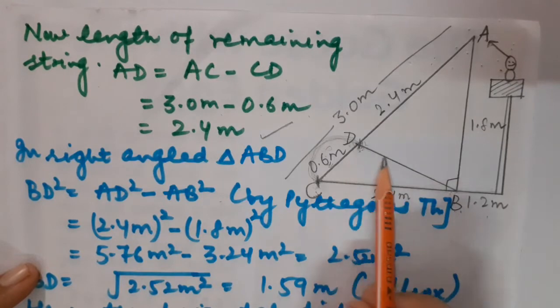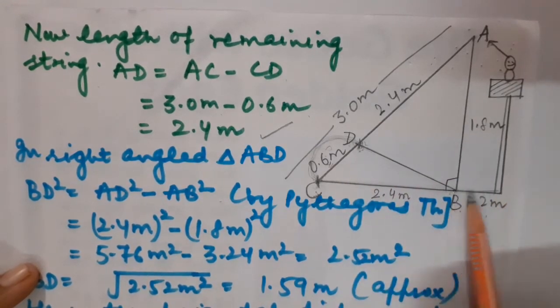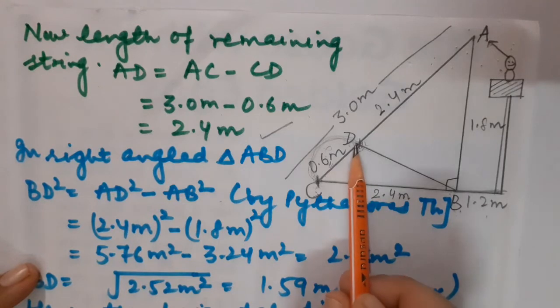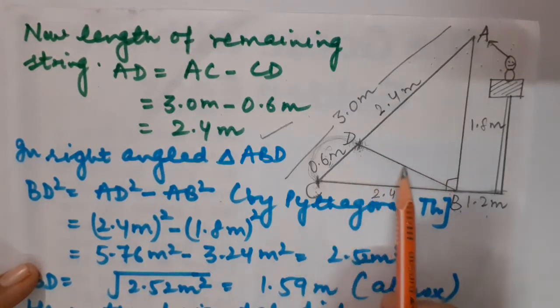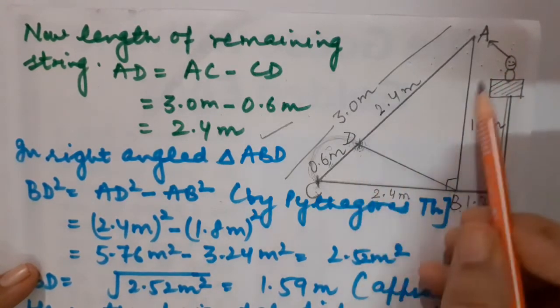We will have to reach here first of all, and then reach this point, which is 1.2 meter away from point B. So this is the position of the bait, that is the fly. We will have to calculate the horizontal distance of the bait from her. We cannot calculate it like this, remember.